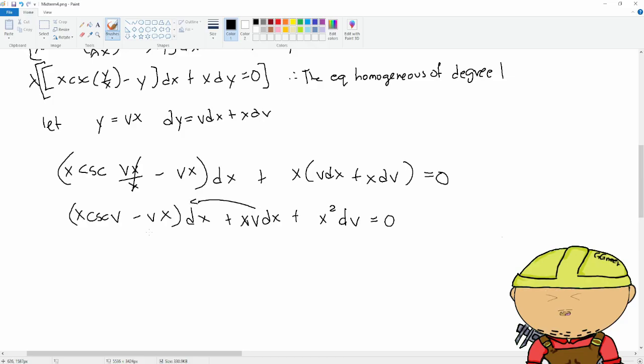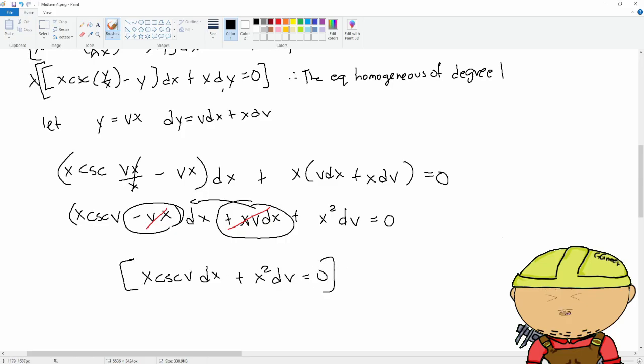So transpose that or combine like terms. Oh, this is negative, this is positive. So we will be canceling those two terms. It's the same, negative vx, positive vx, x cosecant v dx plus x squared dv.